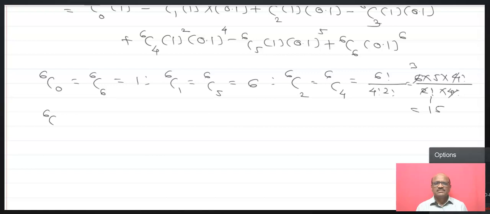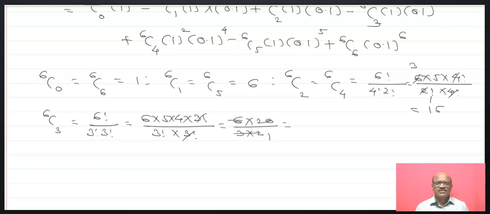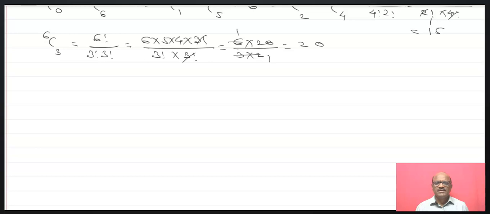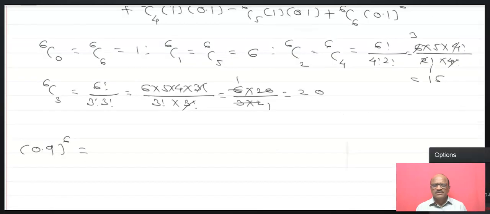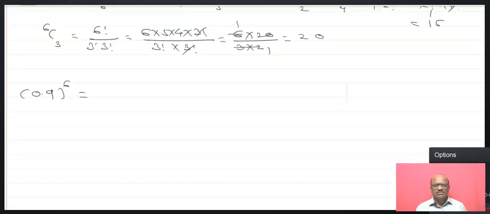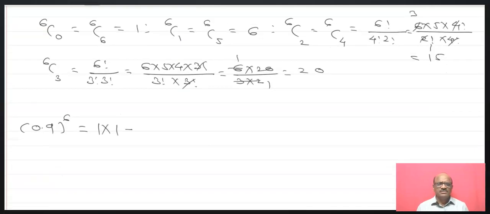Now next is 6C3, that is equals to, the value is 20, and in this way you can also calculate. See these values. All these values are there. You can write also. Therefore, now we will substitute their values.